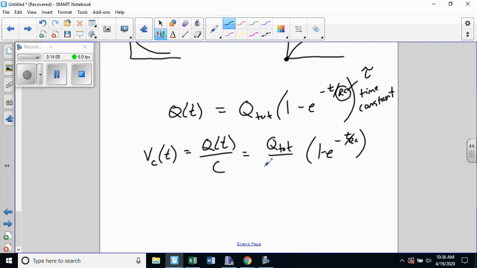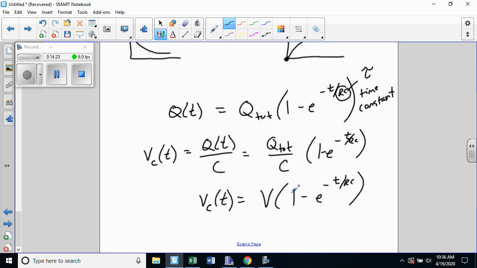And if I divide that whole thing by capacitance, well, what is Q total over capacitance? It's just V of the battery, or V total. So this would be V times 1 minus e to the minus t over RC.